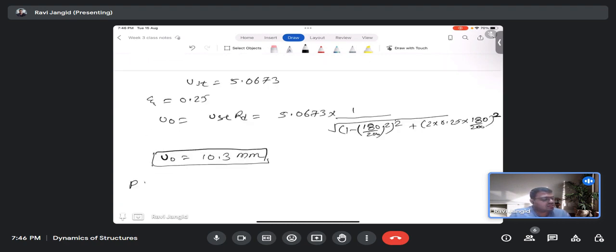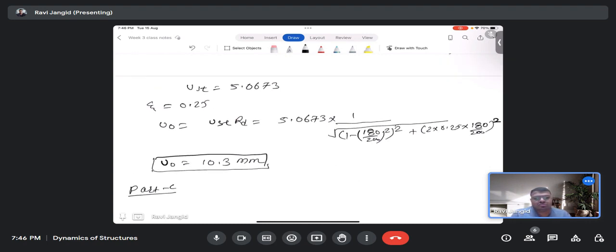Now part C. You have u naught as 0.630 and your omega is 600 rpm.